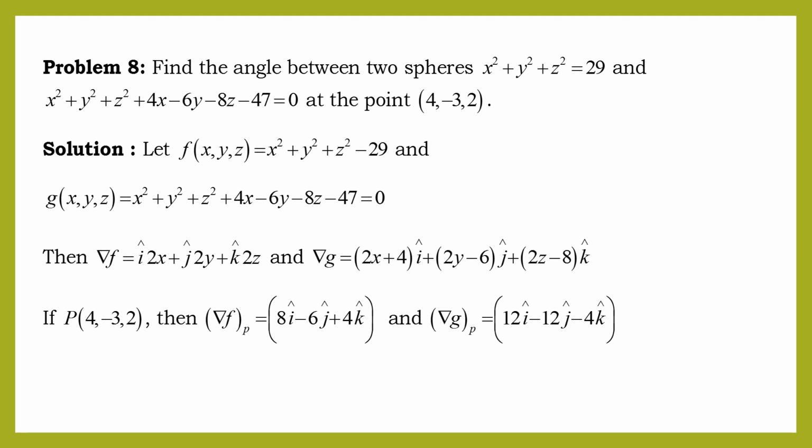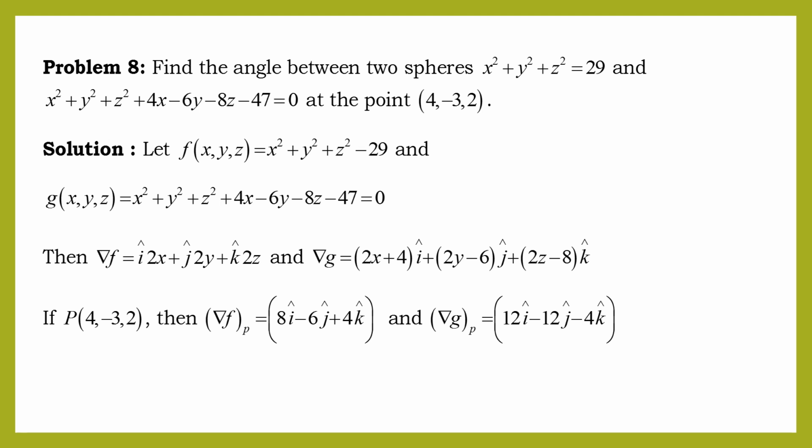Now let us find out del g. Del g equals i cap dou g by dou x plus j cap dou g by dou y plus k cap dou g by dou z. That equals (2x plus 4) i cap plus j cap times (2y minus 6) plus k cap times (2z minus 8). This is the gradient of g.